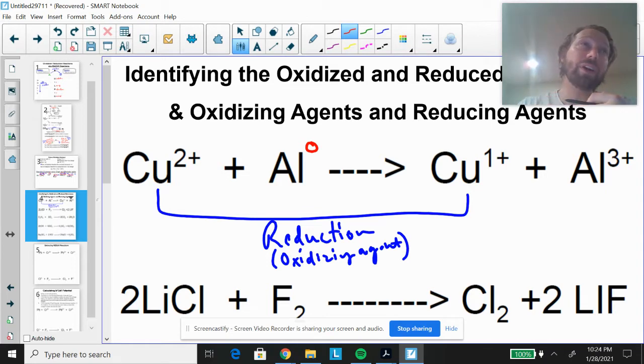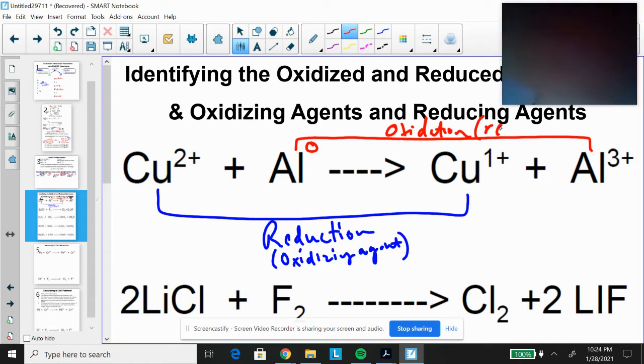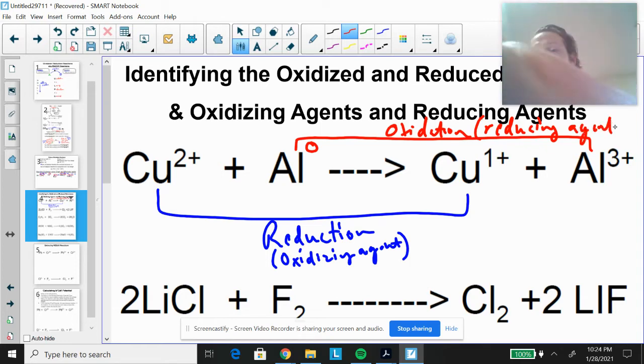Would you gain more electrons or lose more electrons? If you're getting more positive, that's most likely you losing electrons, and that's oxidation. We also call this aluminum the reducing agent because it's helping copper to be reduced by giving it its electrons.